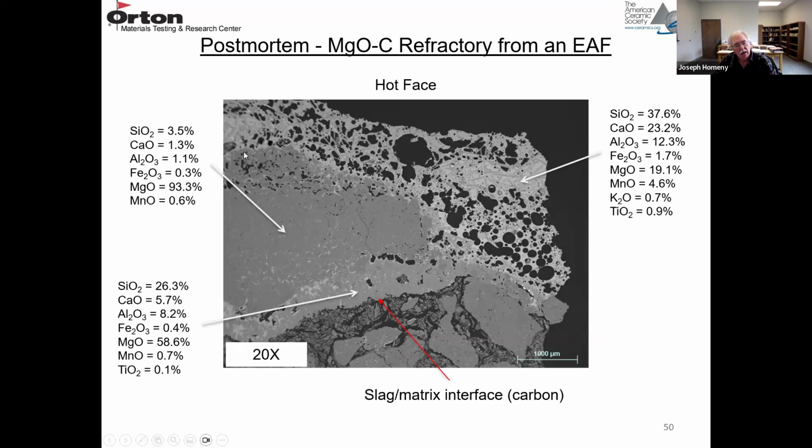And you can see up on the top here how the slag is attacking the individual crystals in this polycrystalline aggregate. You can see the slag penetrating along grain boundaries. I can show that better at higher magnification.